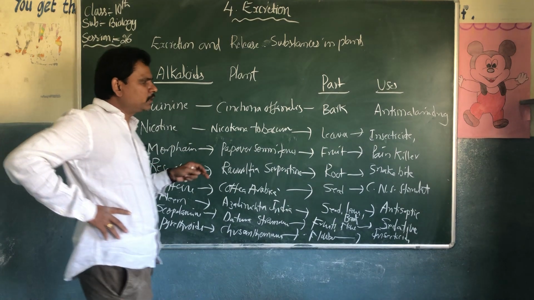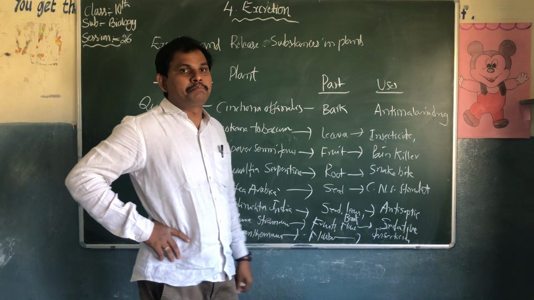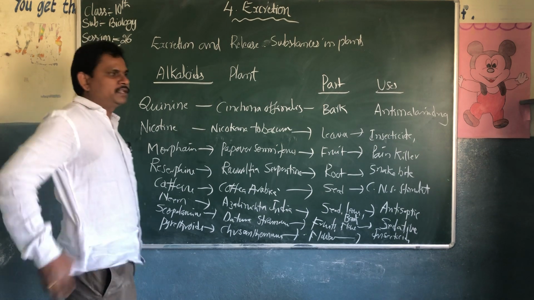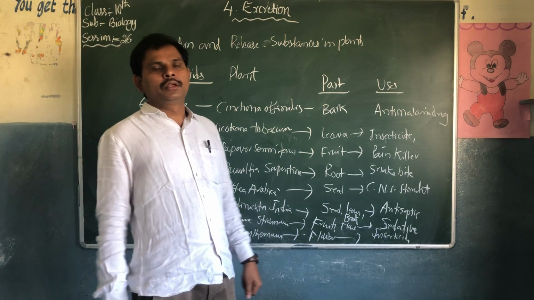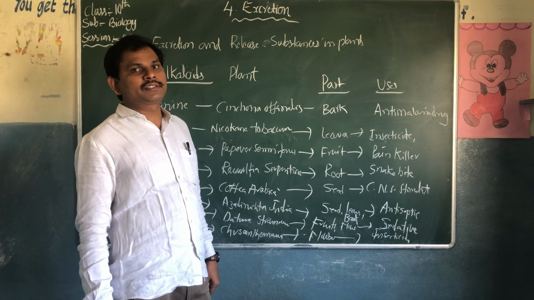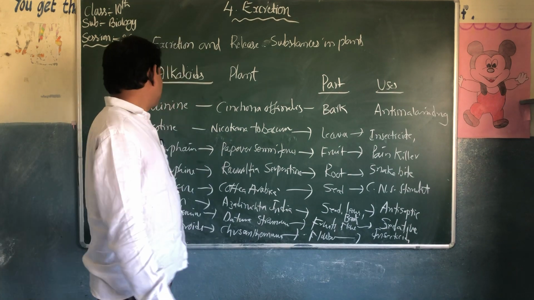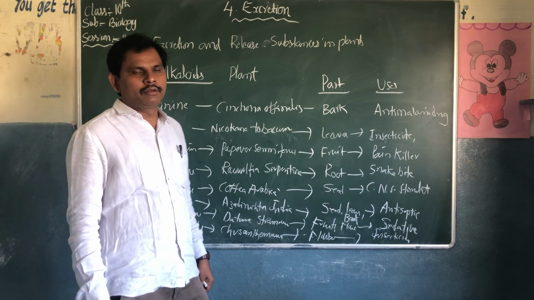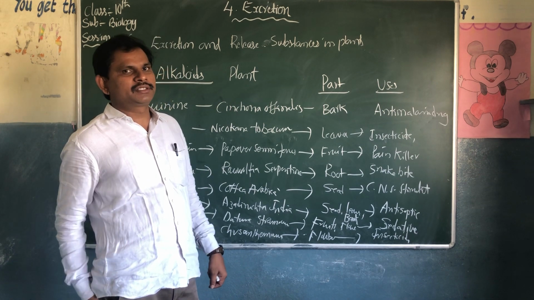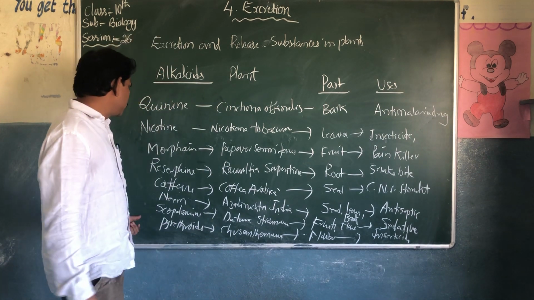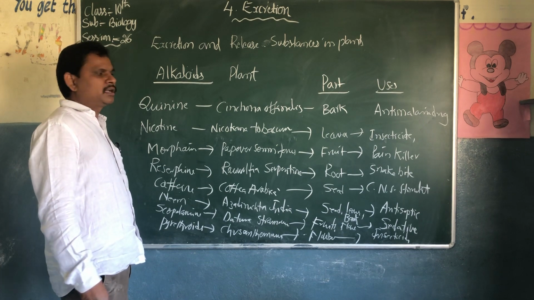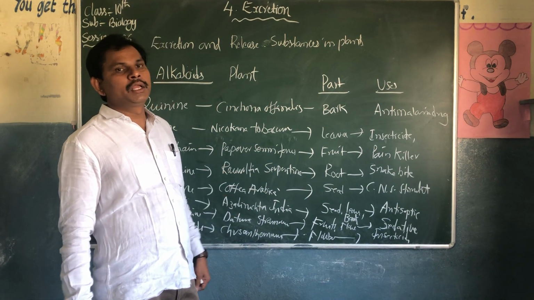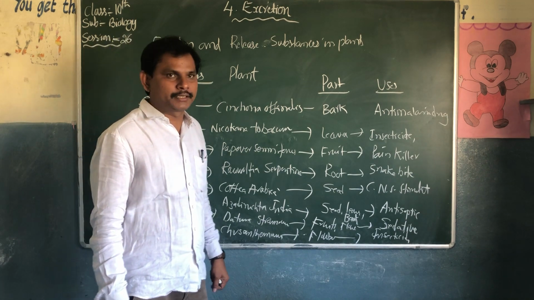Morphine, Papaver somniferum, is used as a painkiller. Reserpine, Rauwolfia serpentina roots, is used to prepare medicine for snake bite. Caffeine, Coffea arabica seeds, gives relief as a central nervous system stimulant. Neem, Azadirachta indica, all parts are important: seeds, leaves, bark, used to prepare antiseptic.